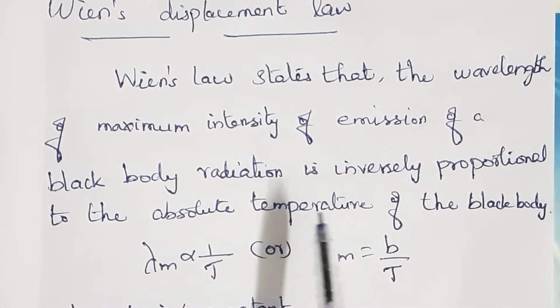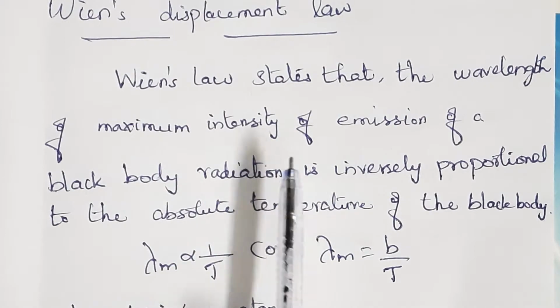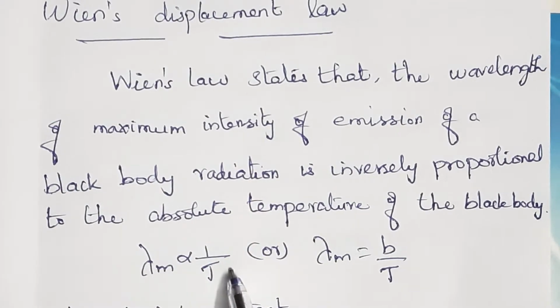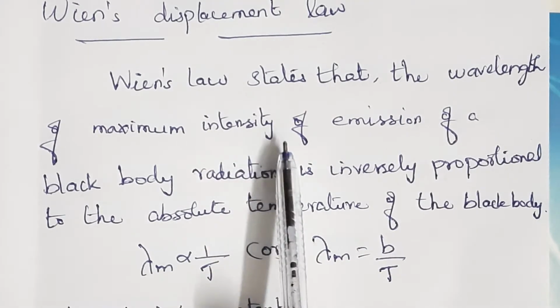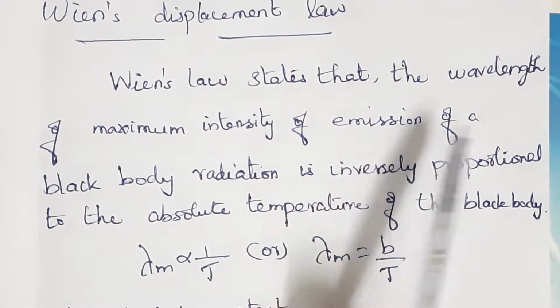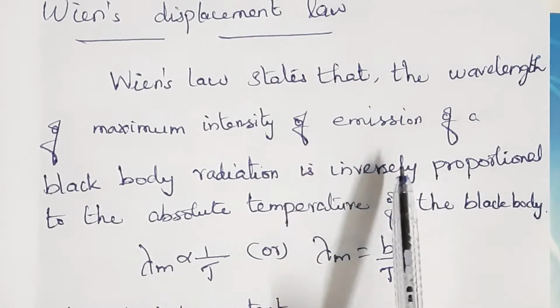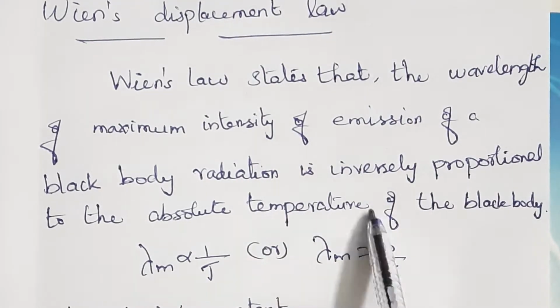In the beginning itself I said Wien's displacement law relates the wavelength and the temperature. So the wavelength of maximum intensity of emission of a black body radiation is inversely proportional to the absolute temperature of the black body.